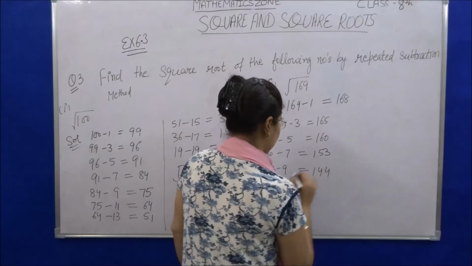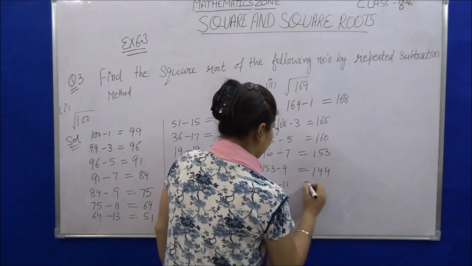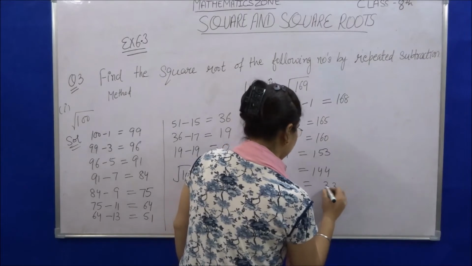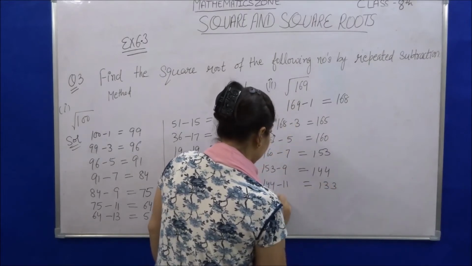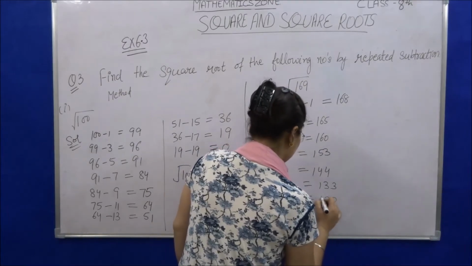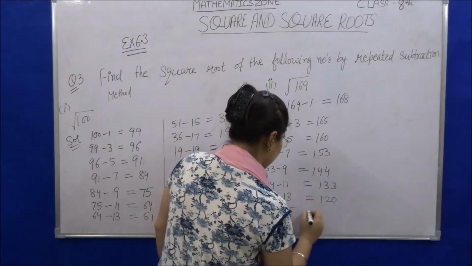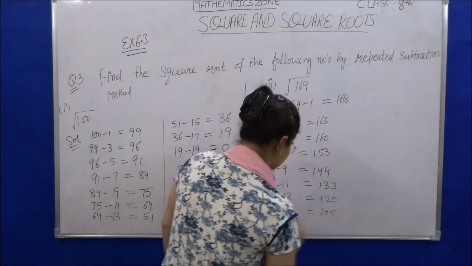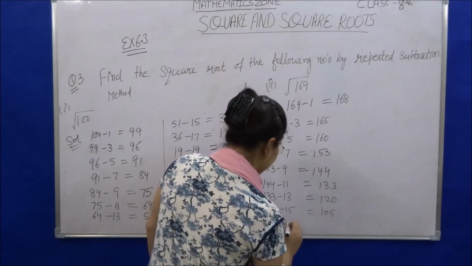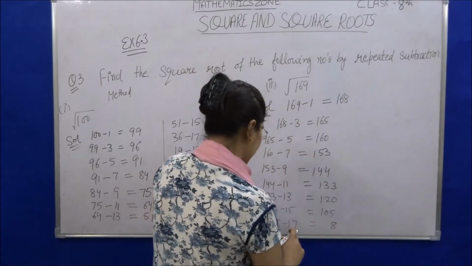Now 144 minus 11. That will be 133. 133 minus 13 will be 120. 120 minus 15 will be 105. 105 minus 17 will be 88.